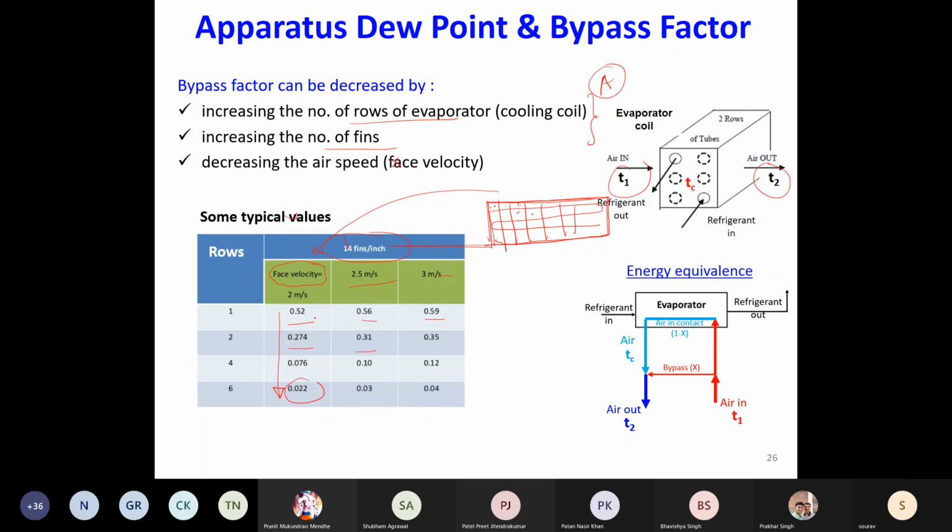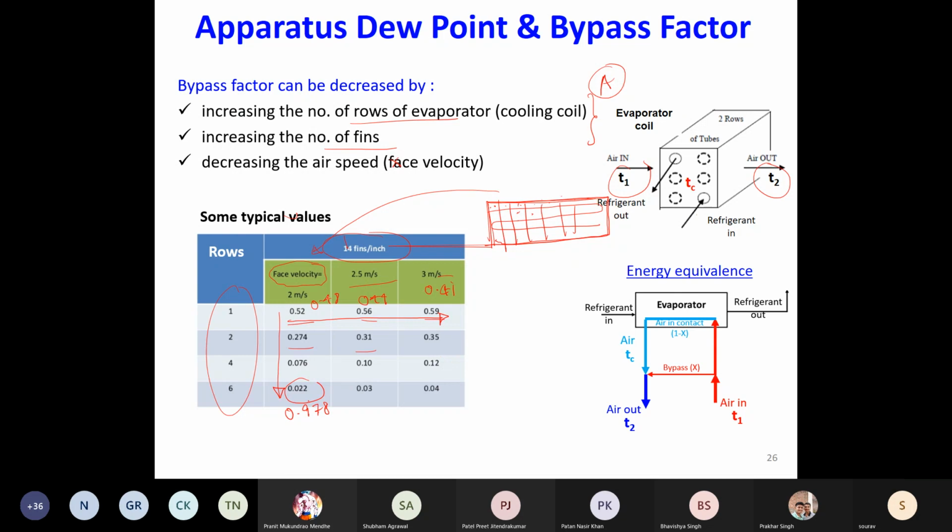Whereas if you increase the airspeed, your bypass factor is increasing. So the effectiveness over here is 0.48, over here 0.44, over here 0.41. Whereas at this condition, where you have 6 rows, you have almost 0.978 as the effectiveness. So if you have 6 rows, you have very good effectiveness.